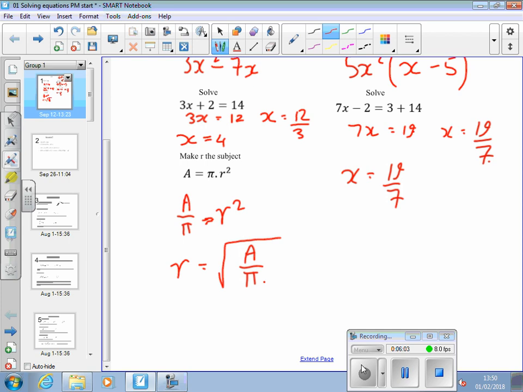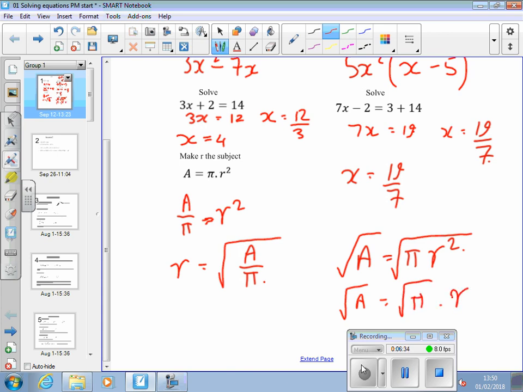No, the thing is, if you do the square root first, let's just write this out here. A is equal to pi r squared. If you do the square root of both sides first, what you're effectively ending up with is root A is equal to the root of pi times r.